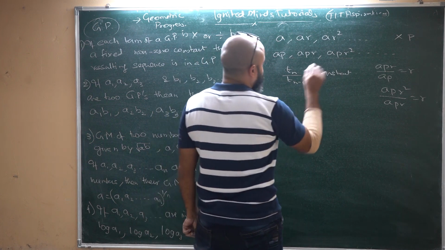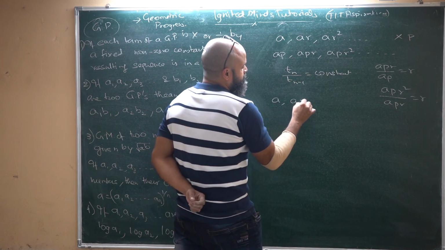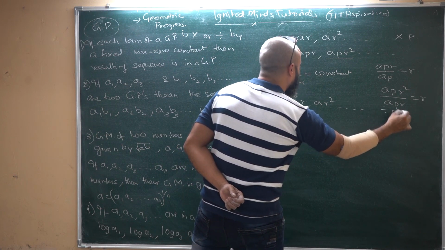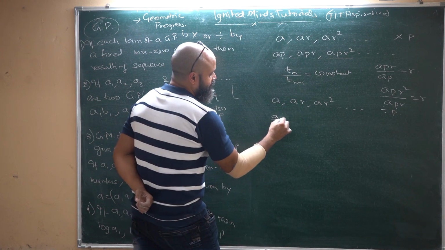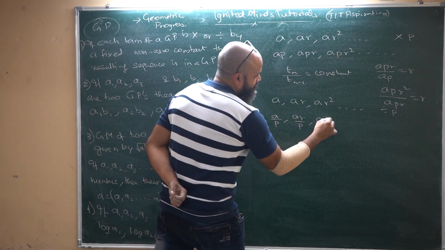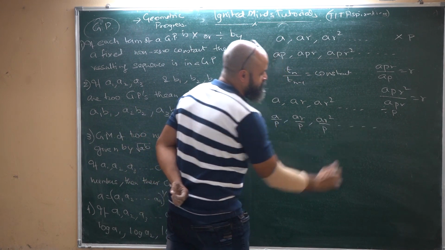Again, if we happen to divide this, so let's say we have a series of GP A, AR, AR square, this entire thing, if we divide by a constant, let's say p, so we will have all of them as A by p, AR by p, AR square by p, and so on and so forth.